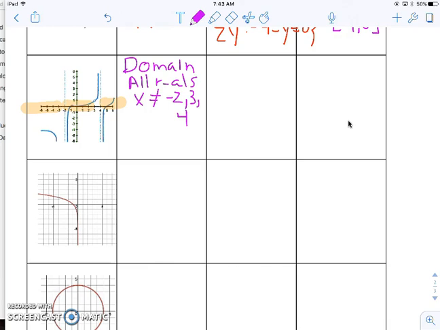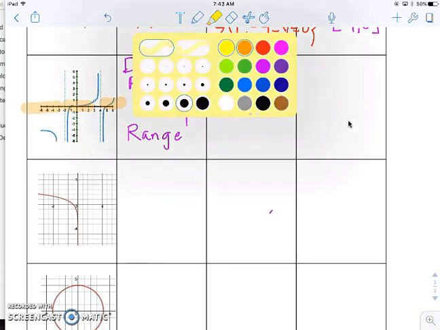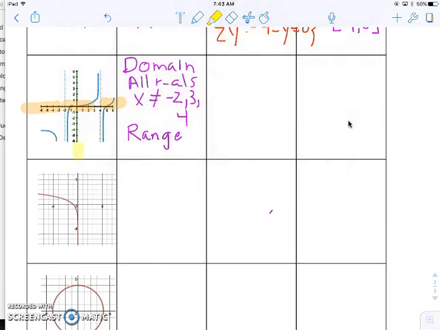So we can just exclude a couple values there. And then our range, again, we're going from the low to high. There's all reals, except we're missing that value right there. So that looks like at a height of 1, so we can say all reals, except y does not equal 1.